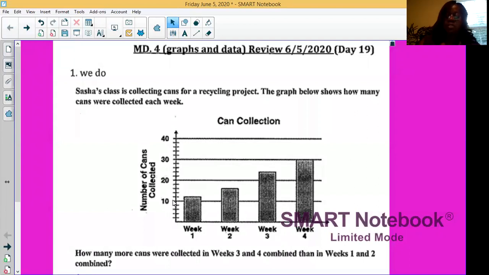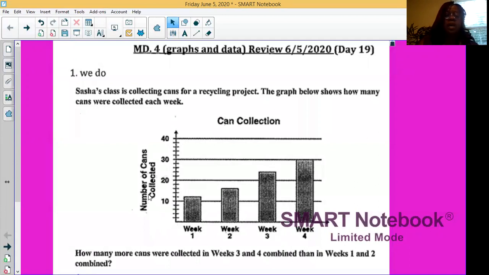So our scale is in increments of 2. If I continue on, that's 12, 14, 16, 18, and there's 20. Excuse me, 22, 24, 26, 28, 30, 32, 34, 36, 38, 40. So our scale ranges from 0 to 40, and it's in increments of 2.